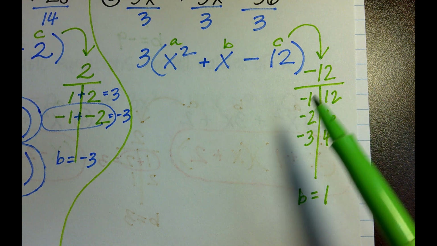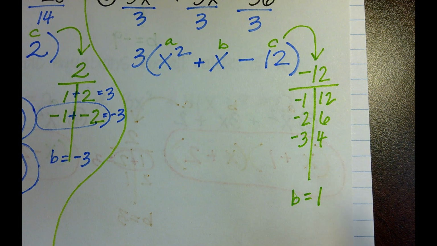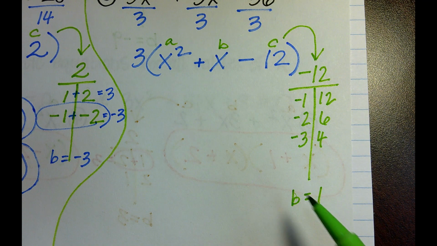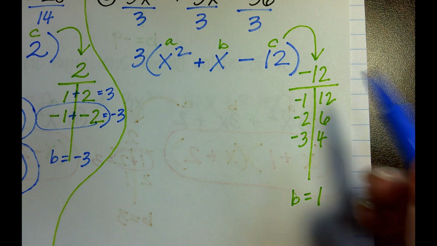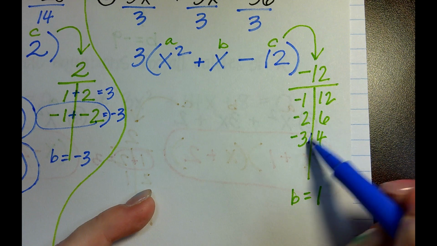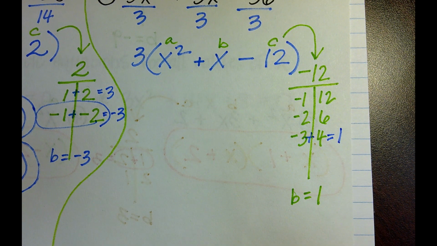But let's see what we've got here so far. If I need these numbers to add up to a positive 1, will any of these work? Negative 3 and 4. Negative 3 plus 4 equals 1.